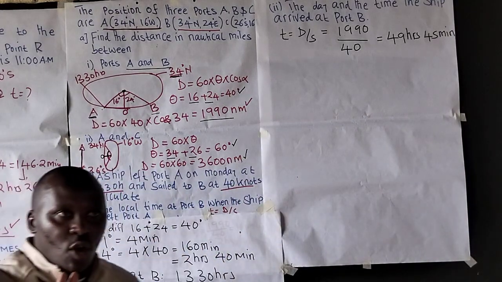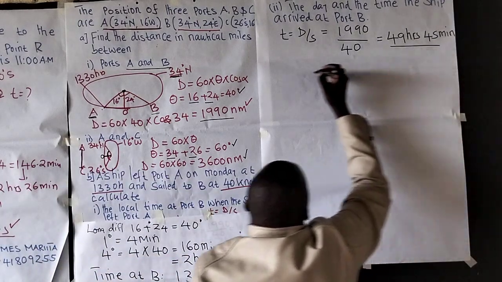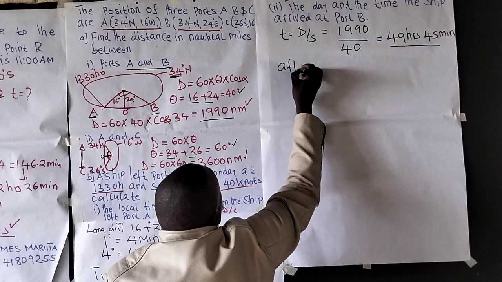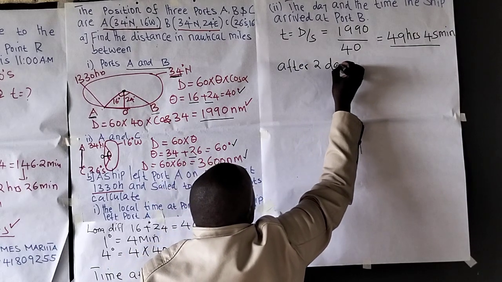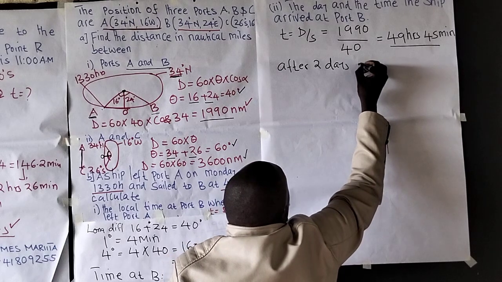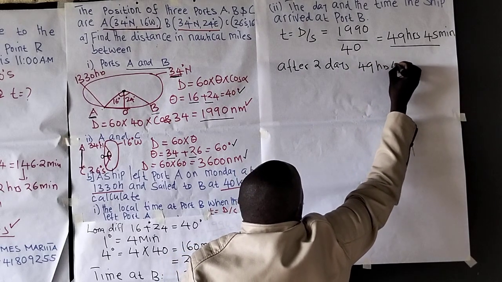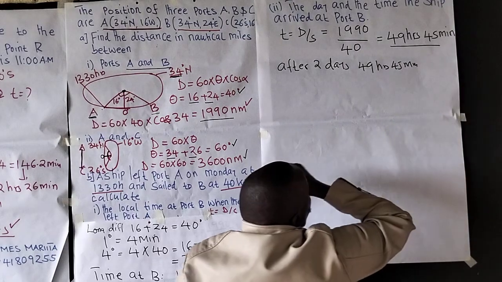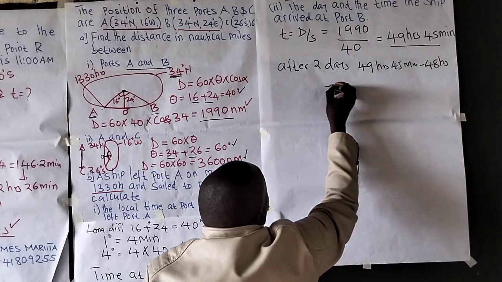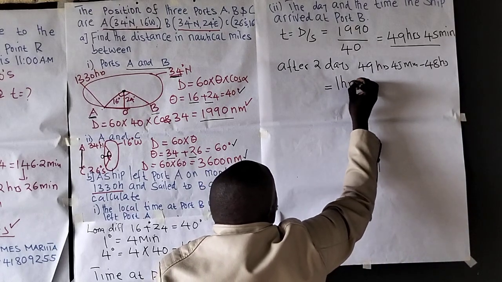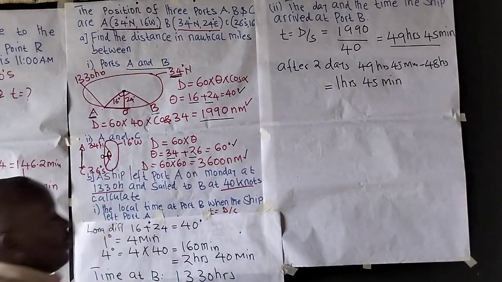It is a journey of 2 days. After 2 days, how many hours remain? We have 49 hours 45 minutes minus 48 hours, so there is a difference of 1 hour 45 minutes.